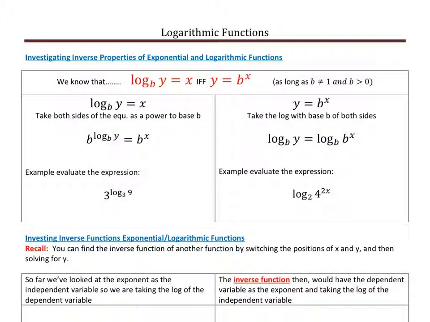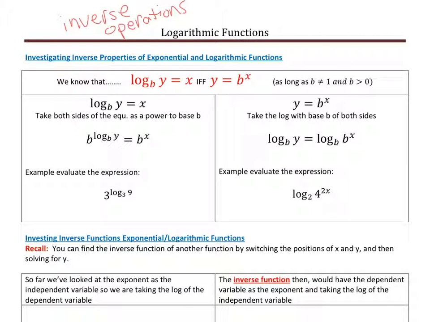And when I say inverse properties, I really mean inverse operations. So, as you know, the inverse operation to addition is subtraction. Inverse operation of division is multiplication. Inverse operation of squaring is square rooting, and so on and so forth.